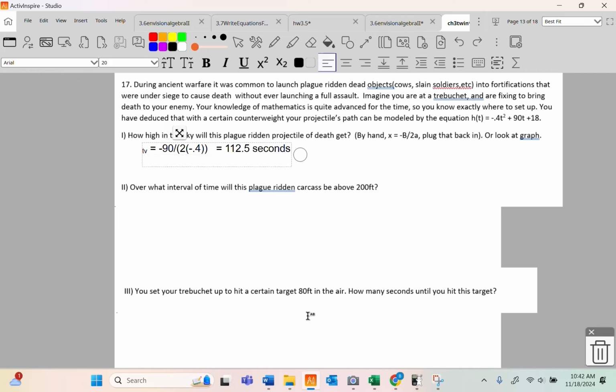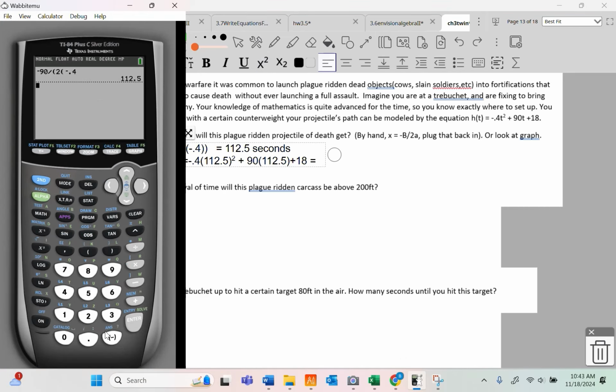Now, if I want the height at 112.5, that's actually what I'm after because it says how high. I'm going to plug that number in and see what it is.